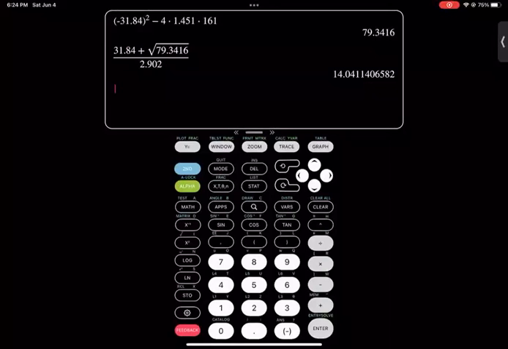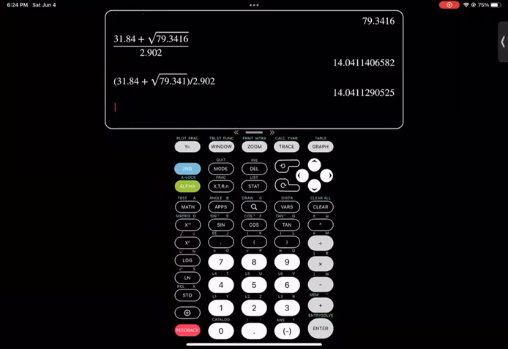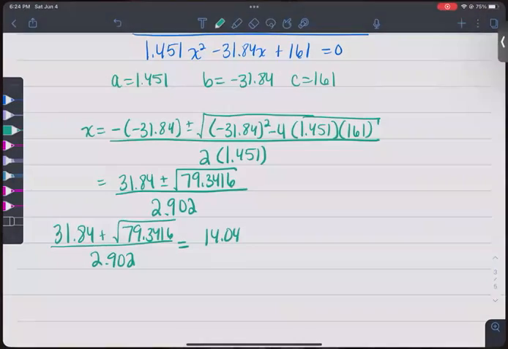If your calculator does not have the latest operating system, you would want to open a parentheses and type in your numerator and close the parentheses after the square root, and then divide by that denominator to get the correct answer. So you either enclose the numerator in parentheses, or you do the alpha y equals to get the fraction boxes.